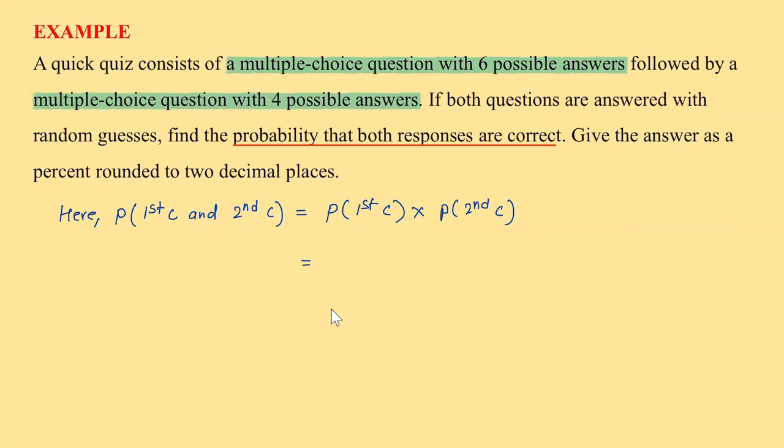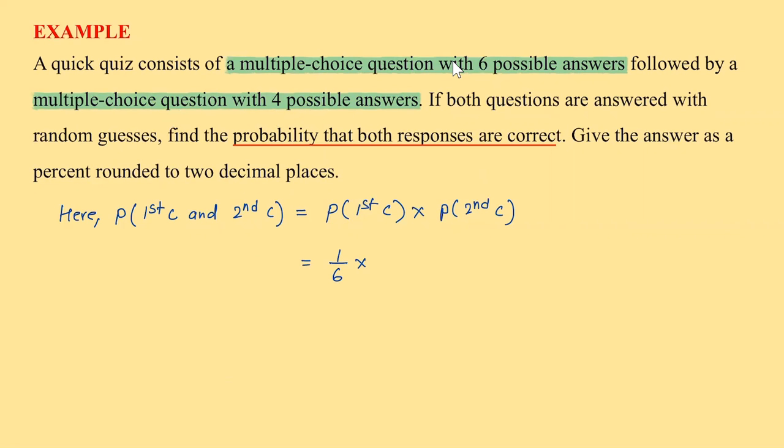Now you can see in the first question, you have 6 possibilities and only one answer correct. So that will be 1 out of 6. And then when you answer the second one, the way you guess the second one does not depend on the first one.